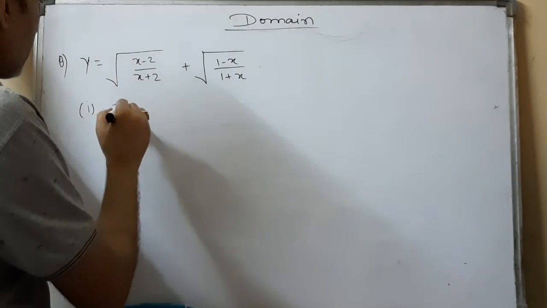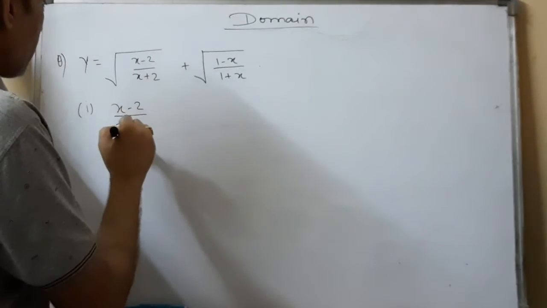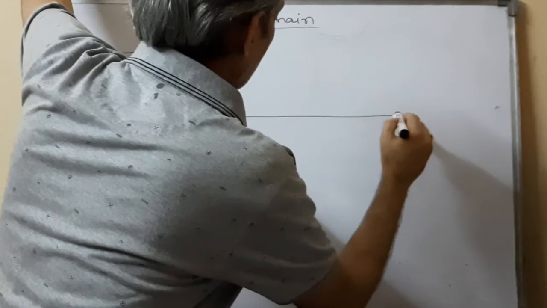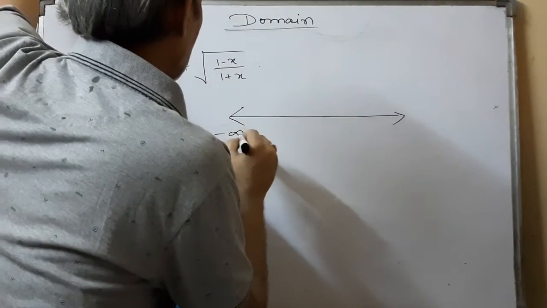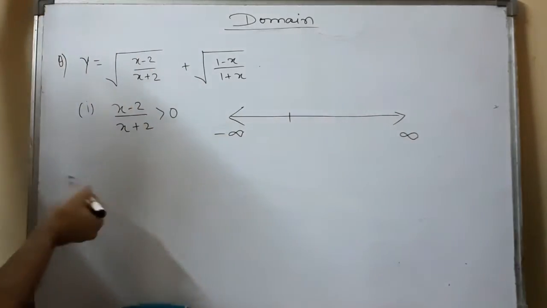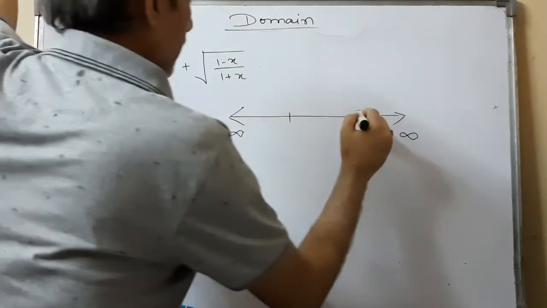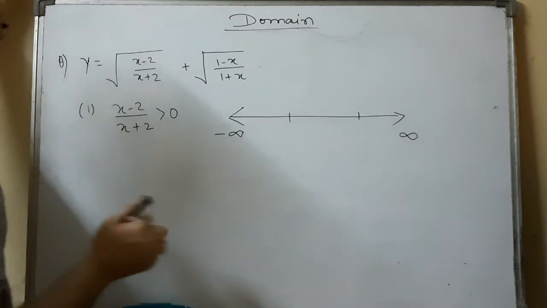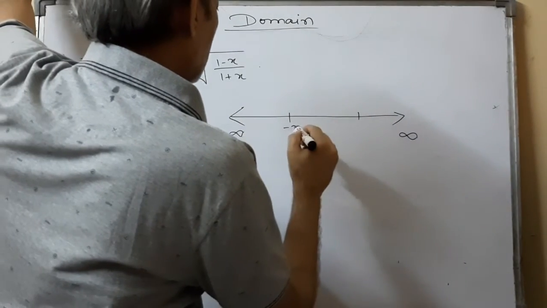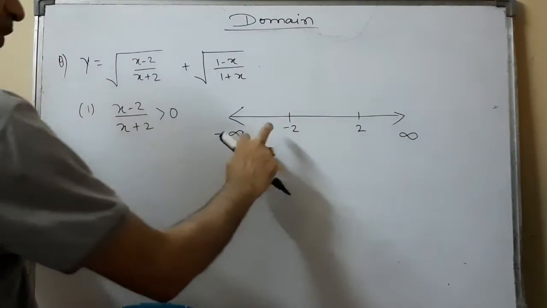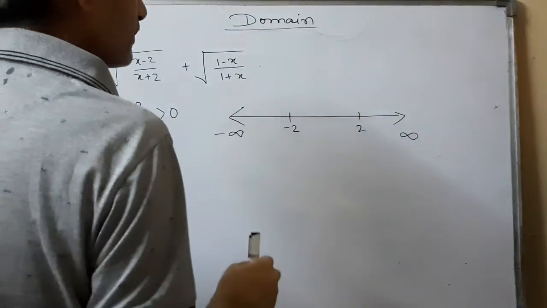So firstly we want to know where this thing is positive. So by using the sign scheme method, mark these numbers on the number line where numerator is 0 and where denominator is 0. So we are getting -2 and 2. Now take any point from any of the subintervals.